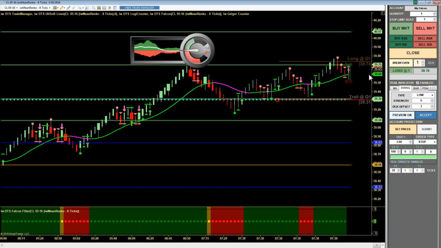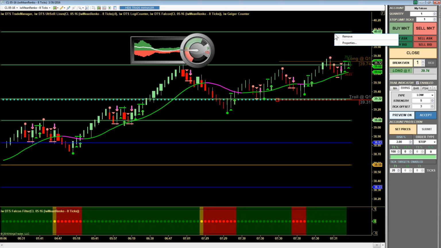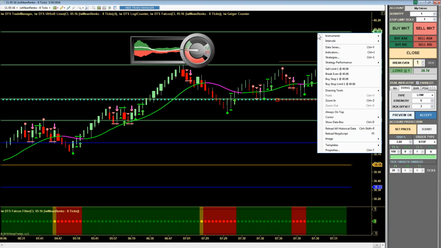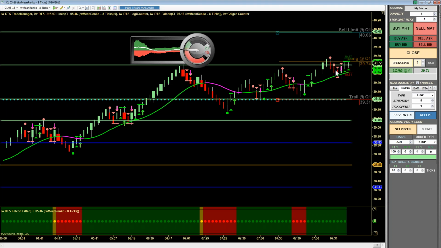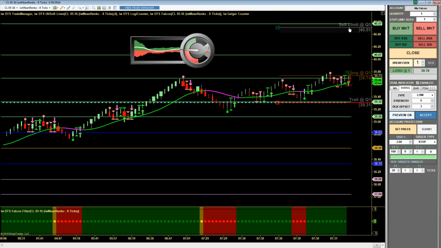Some people like to use the support and resistance suite as profit objectives as well. So let's say you wanted to take profit here at 40.07. Well, you could put your profit target there. Or if you wanted to choose the next line of 40.57, you could put your profit target up there.